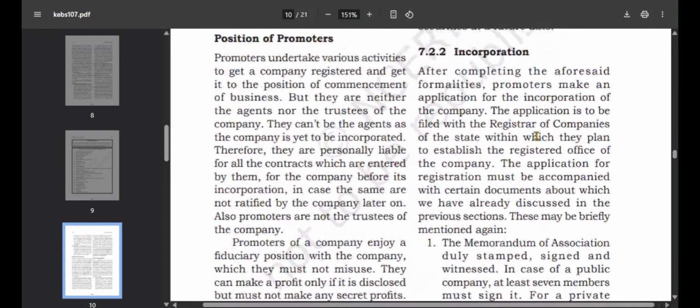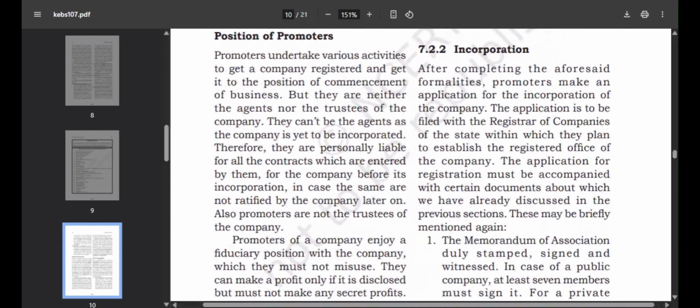Next we are going to see incorporation. So this is your second step of the stage of formation of company. First step is promotion of the company, then you have your incorporation, and then you have your capital subscription.